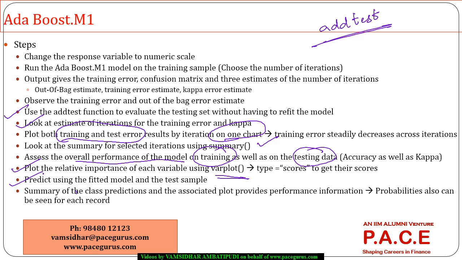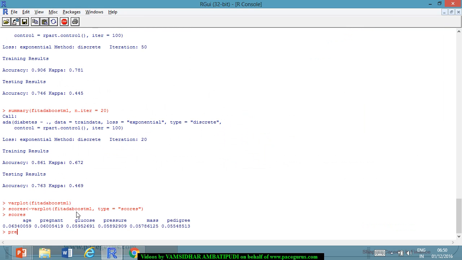Now the final step lies in using the model on the testing data. So wherein I am doing the simple predict, right? I can go ahead with the predict function, where I use the output, which is my model. So I am using this particular model. I have to do it on the testing data.